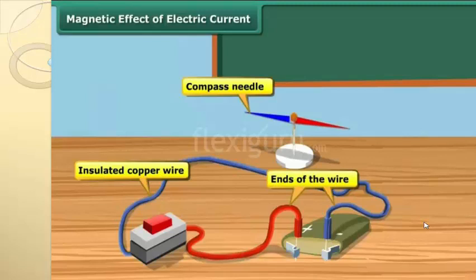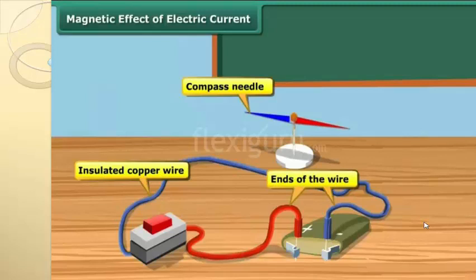The direction of deflection of the needle is given by Ampere's swimming rule. This rule is studied later in detail. Ørsted performed an experiment related to the magnetic effect of electric current.